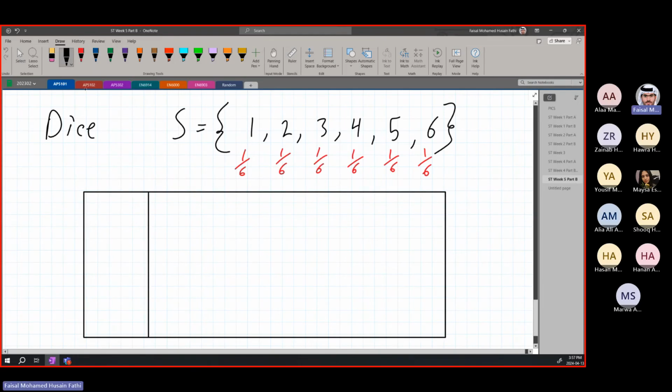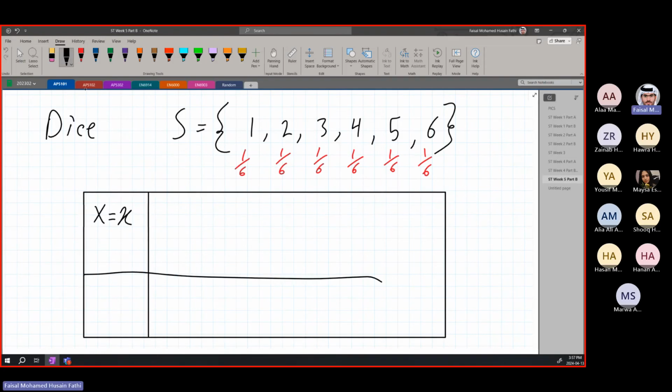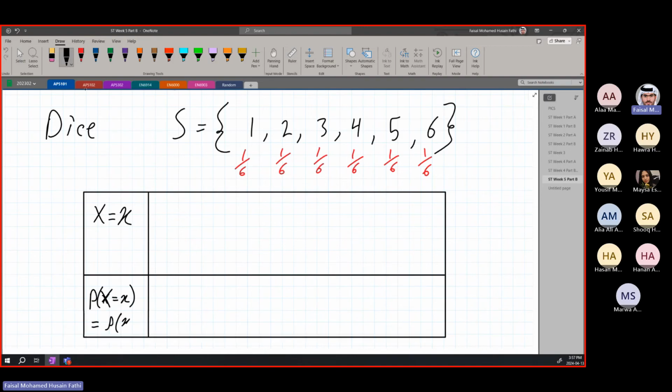And we have here big X equal small x. At the bottom, we have the probability of X equal small x, or sometimes this is also written as small p of x. This is just notation, don't worry too much about it.